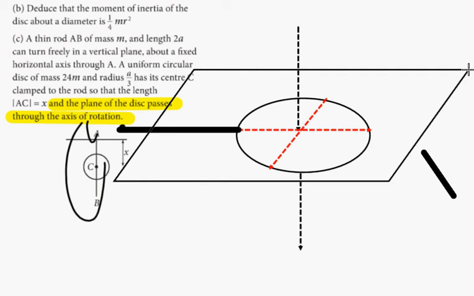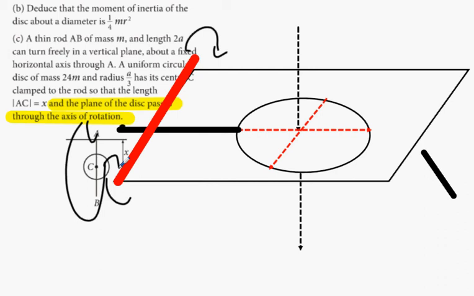The disk is a two-dimensional object, and its plane passes through the axis of rotation, and therefore the axis of rotation passes through all of it. Do you understand? So the axis of rotation could be this here, and therefore it has to spin around this axis here. So the full system keeps going up and around, up and around.